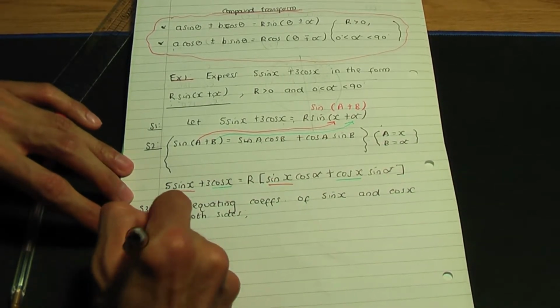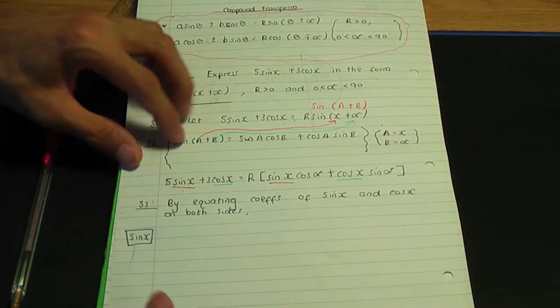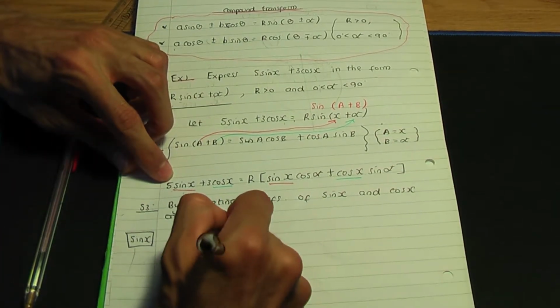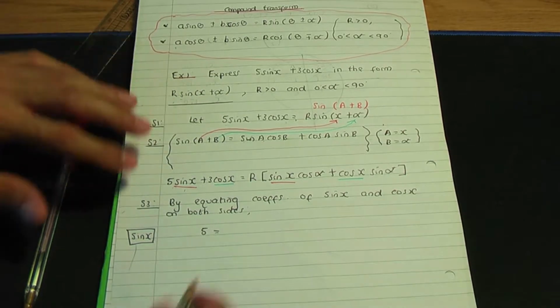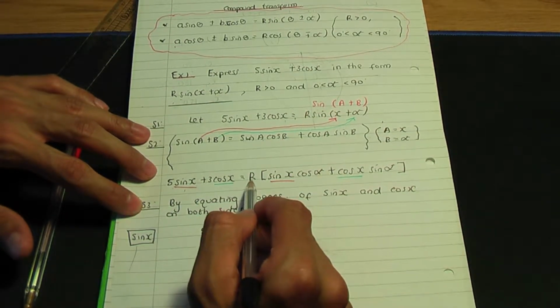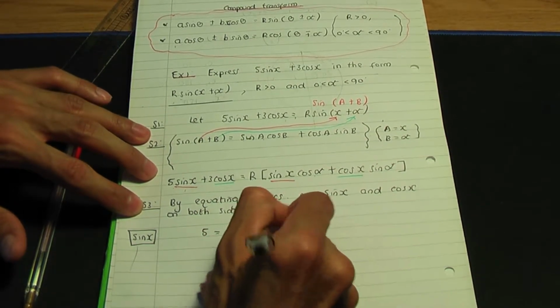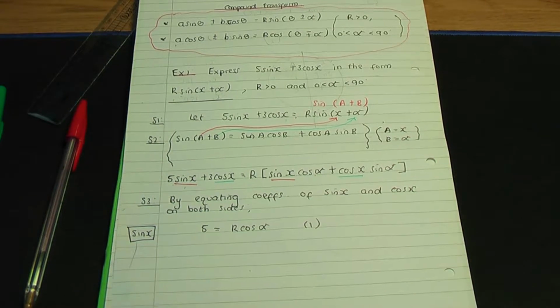So if I start off with sine x, as that term appears first on the left hand side, coefficient of sine is 5, and that is equal to coefficient of sine x on the right hand side, r cos alpha, and I'll name that equation number 1.